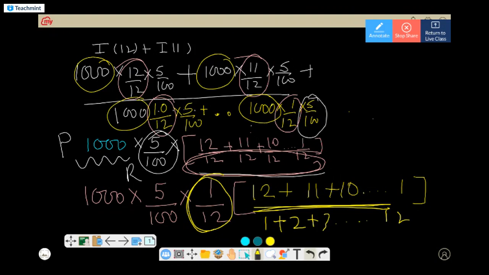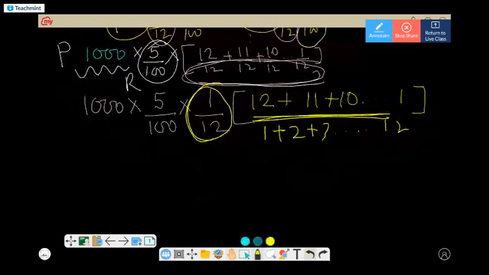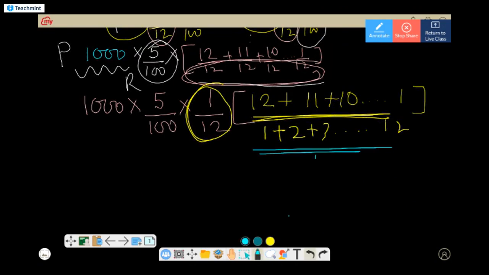What is this technically called? Sum of first n natural numbers. You can see it's all addition. Natural numbers start from 1, so 1, then 2, then 3, up to 12 in this case.